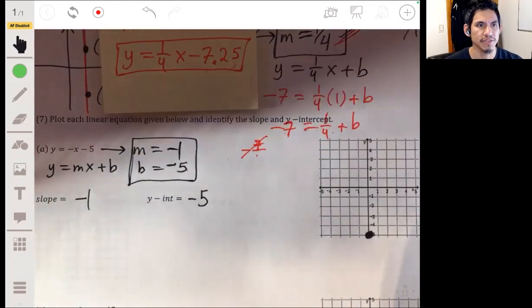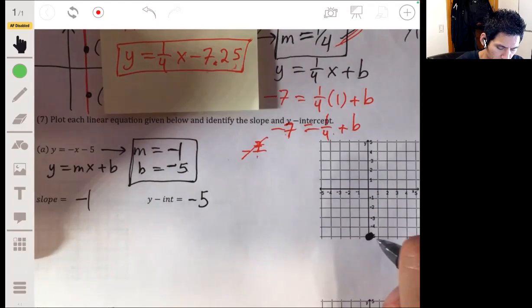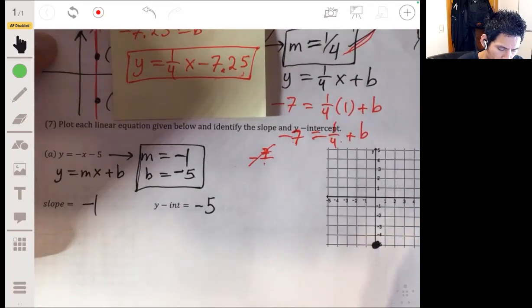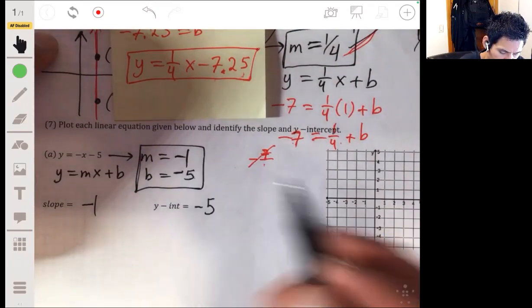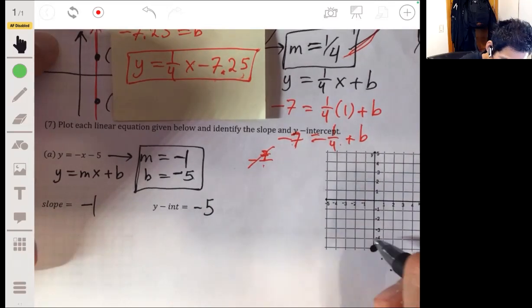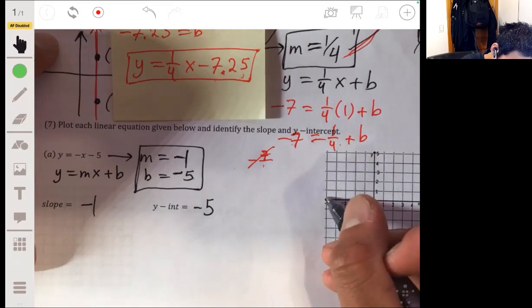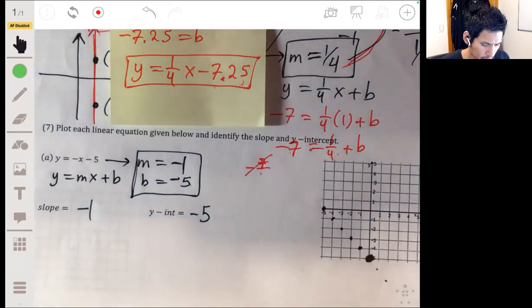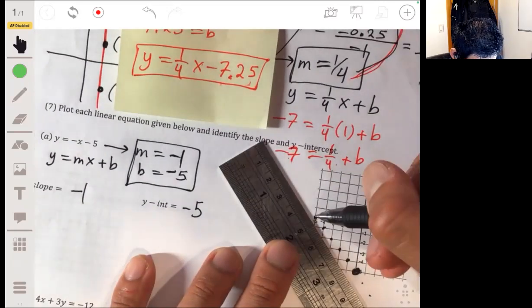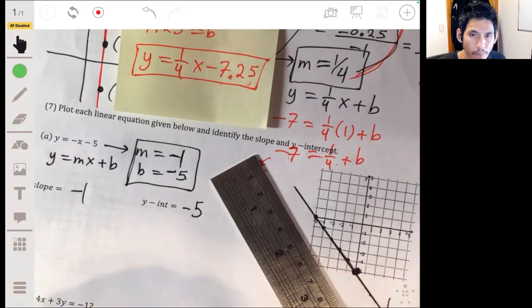You don't change that. So we start here, going to the right, since it's negative, we just go down one, like that. And then from here, you can tell what the pattern is going to be. It's going to be like this. That'll be your line.